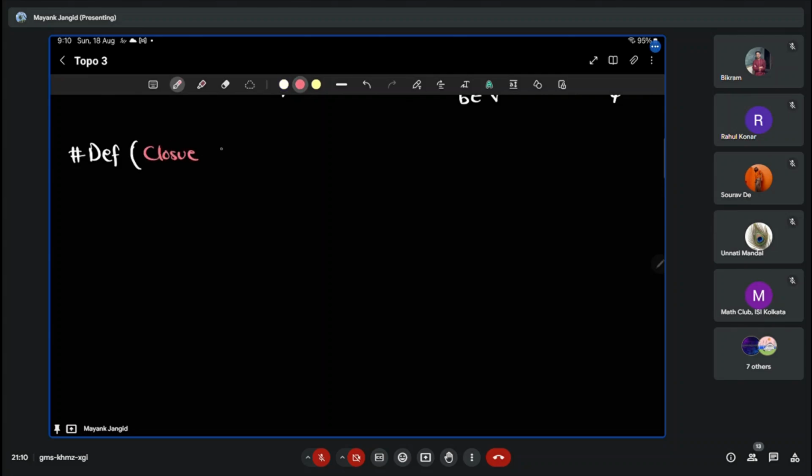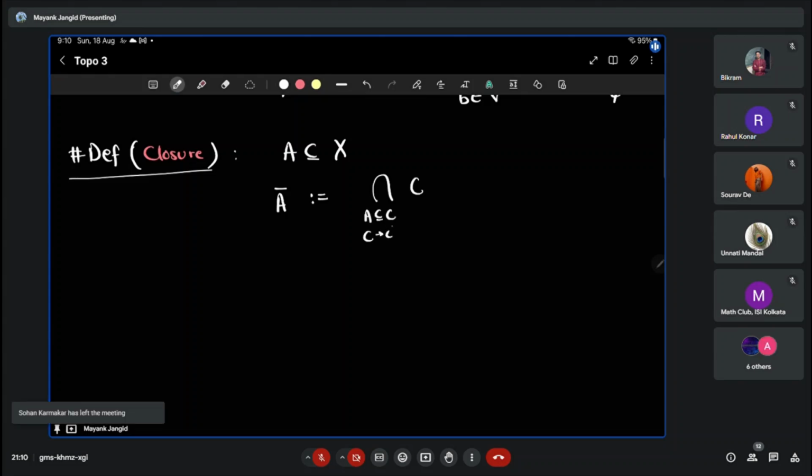Closure. Let A be a subset of a topological space X. Then the closure of A, which is denoted by a bar over A, is defined to be the intersection of all closed subsets C which contain A. A is contained inside C and C is closed.